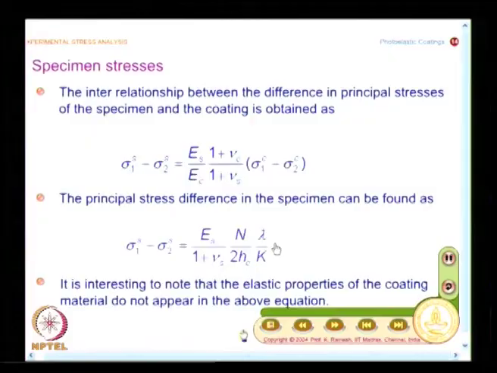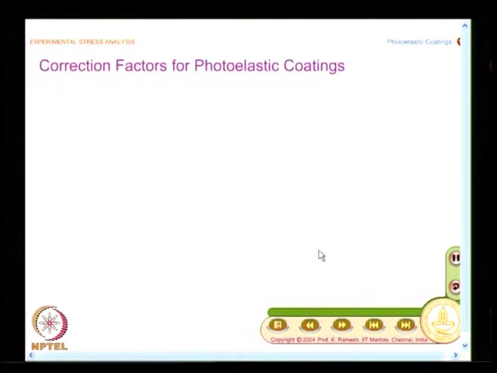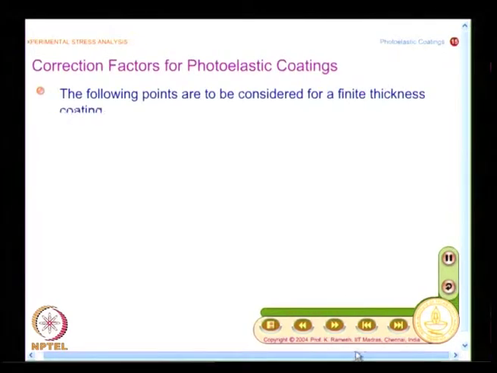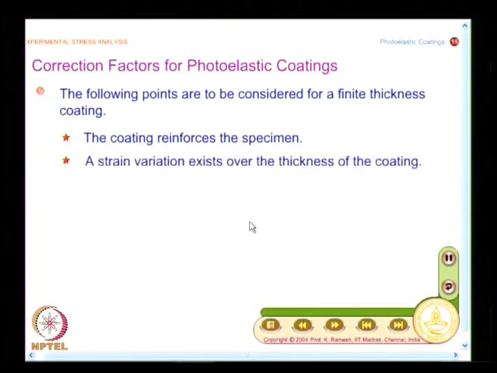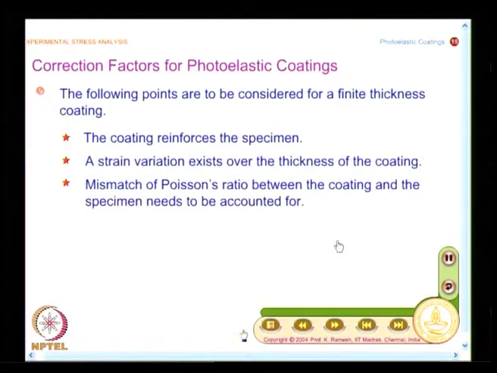What are the peculiarities that you have? Then we move on to what are the correction factors, why they are needed. And I said the moment I talk about photoelastic coatings, the discussion is complete only when we talk about the correction factors.